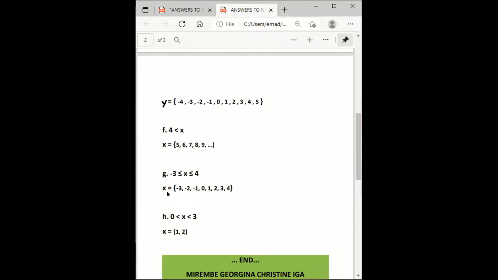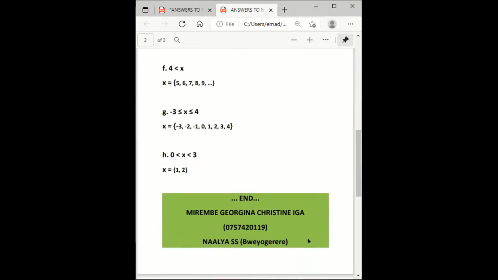So our solution set will be stated as -3 because of this, and then -2, -1, 0, 1, 2, 3, and 4 because of the bar. Yes, hope I'm clear. Then we move to the last one, which is H, and it is read as x is greater than 0 and less than 3.